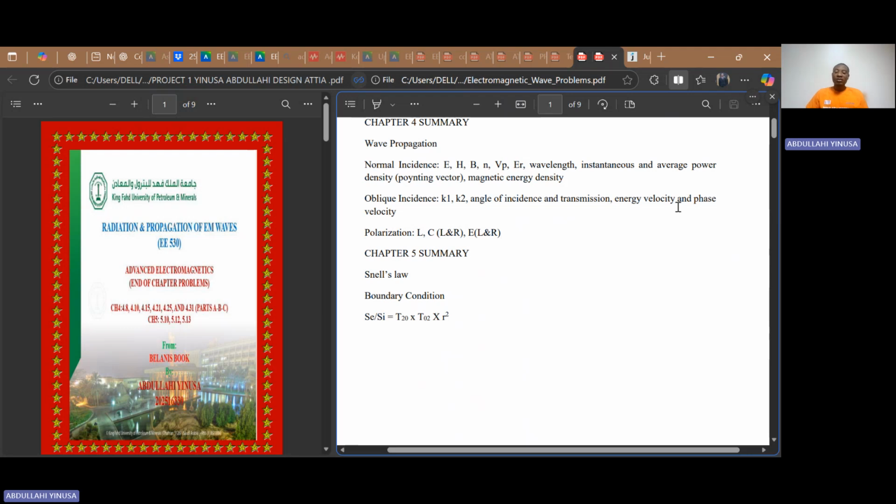The next thing we are going to look at is polarization. In polarization, we are going to consider linear polarization, circular polarization, and elliptical polarization. A polarization is said to be linear if one of the magnitudes is 0. That is, Ex can be 0 where we have Ey, or Ey is 0 where we have Ex.